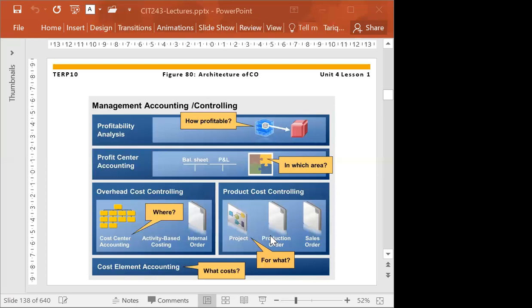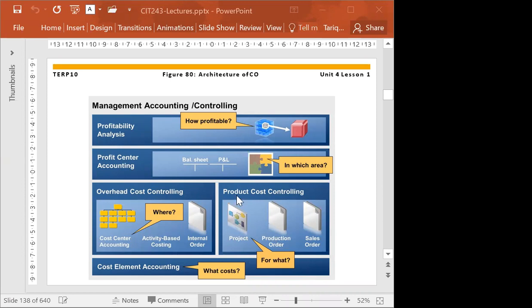Why? Because at that time they didn't foresee they needed to do some extra work as well. And for that matter, now the actual bill is more than the plan. And sometimes it is also possible that the actual bill might be less than the planned one. So there is a variance. So the actual amount will be settled with the customer.